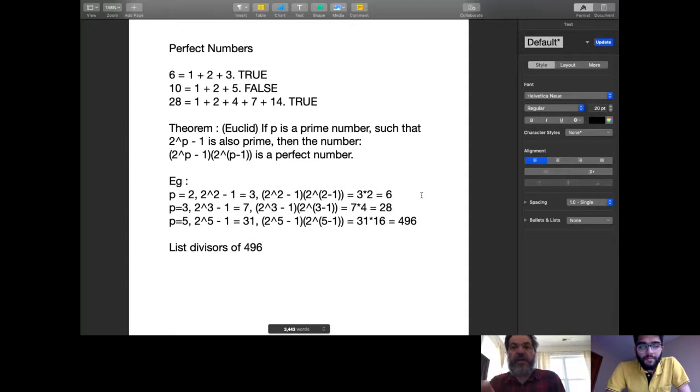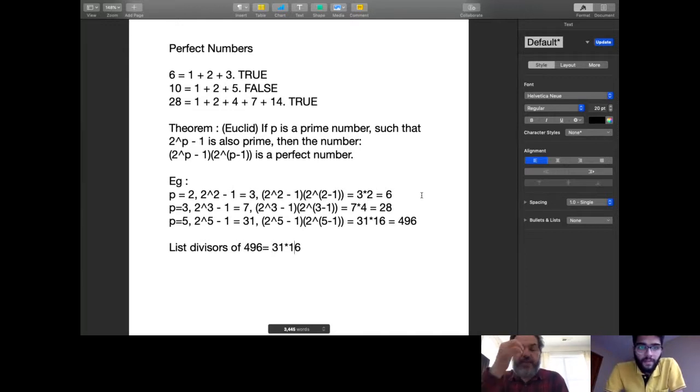In order to find divisors, I look at the prime factorization of the number, and we saw that 496 is 31, a prime number, times a power of 2, times 16. Now, what possible divisors do we have? We have some powers of 2 that are divisors.